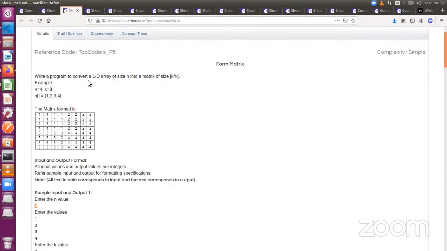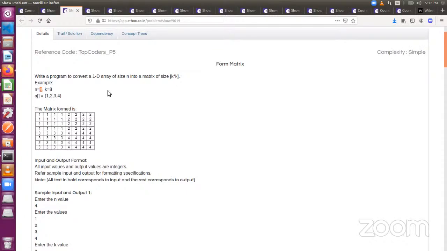Here, the question is you have to convert a one-dimensional array to a matrix of size k cross k. So when can we do this? The n value should be a square. Then only we can form a smaller matrix, right? So n is 4. What is the square root of 4?